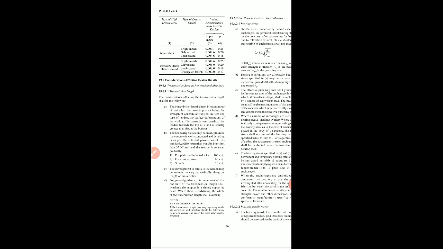We have pre-tension members and post-tension members. First of all, we'll see what the transmission length is. Transmission length is the length over which the pre-stress is transferred from each end of the member. Pre-stress is transferred from one end to the other end of a member over a certain length, which is called the transmission length.